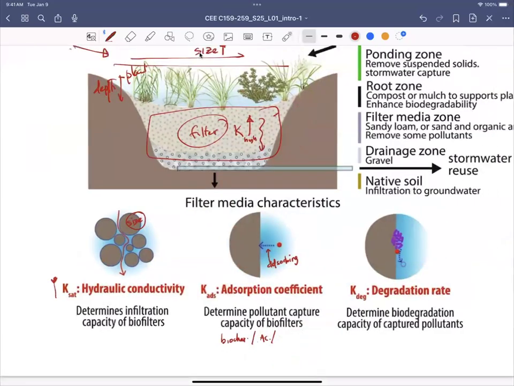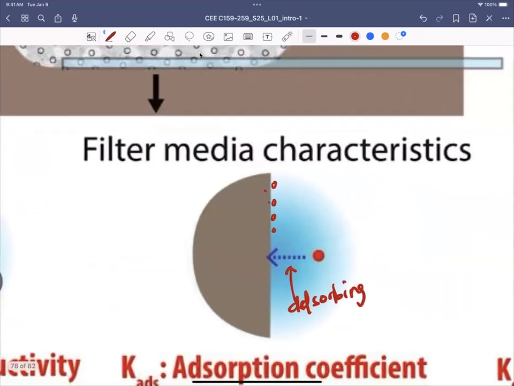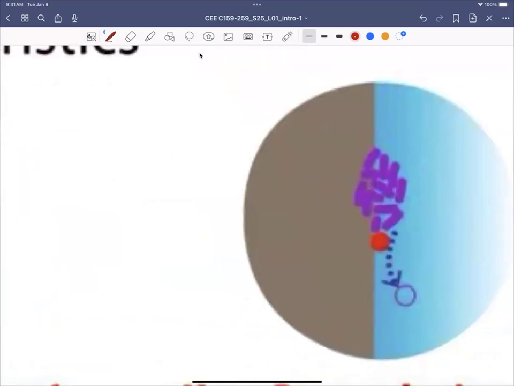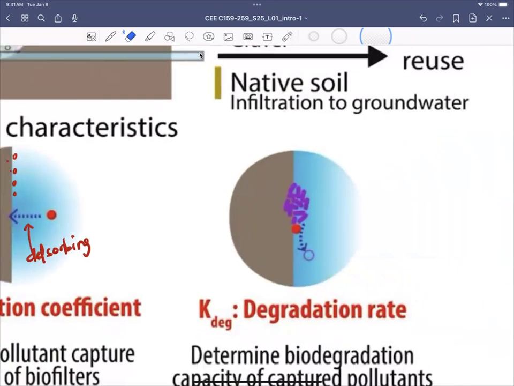And in the long term, as the pollutants are absorbed here, they can exhaust the entire system. That means no more pollutant can be taken up. So you have to remove those pollutants periodically by biological process. That's what we call biodegradation. The idea here is that if you have more pollutants here and a microbial community grows, they will break them down, and because they break them down over time, the media will be cleaned by microbial community action. So now these surfaces are more available for removal of pollutants from infiltrated water.